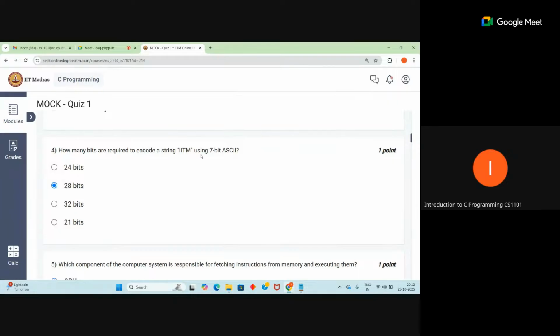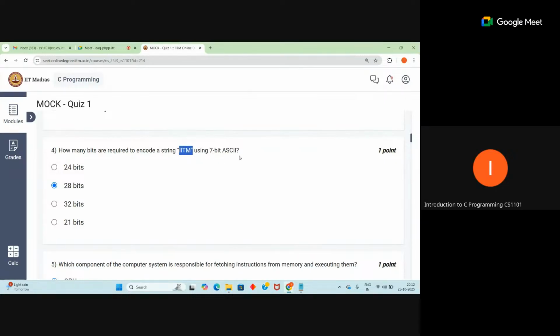Whereas for representing each character, we require 1 byte of memory in general. Here we are asked using 7-bit ASCII, so that means for representing each character, we require 7 bits. There are 4 characters in IITM.